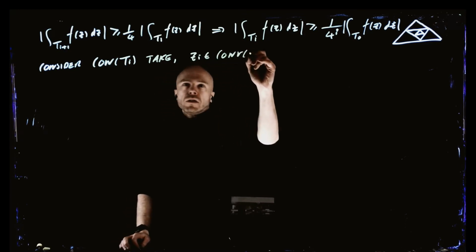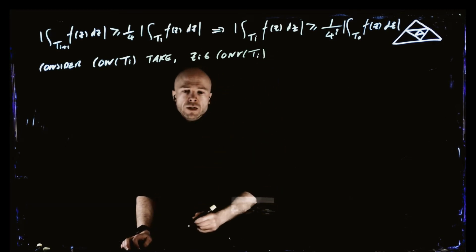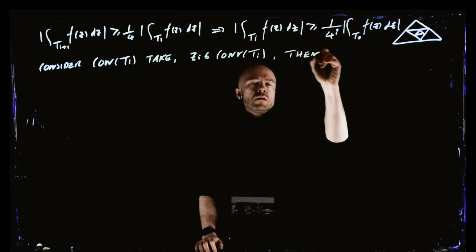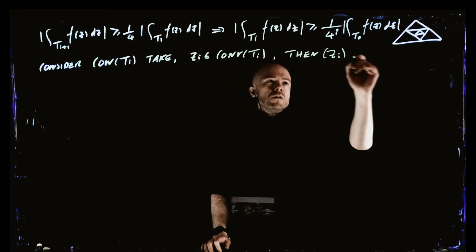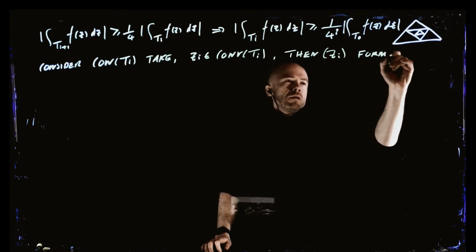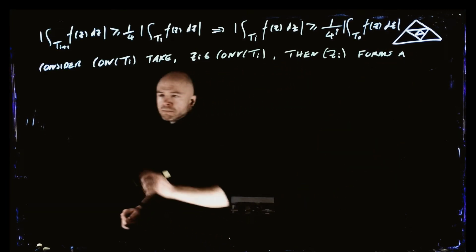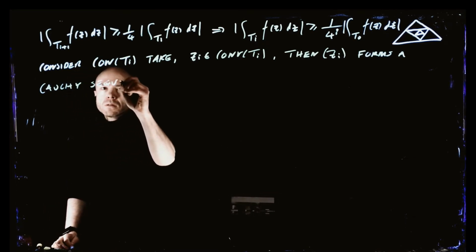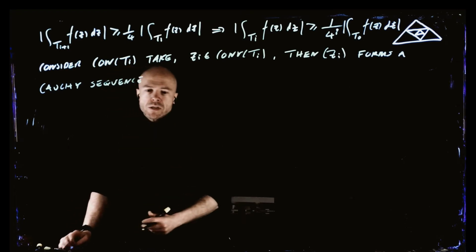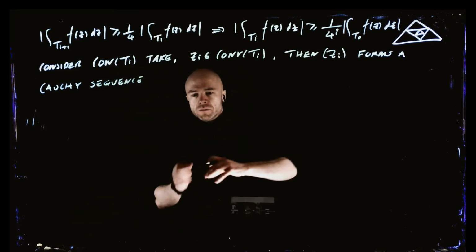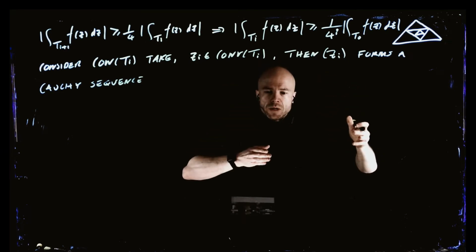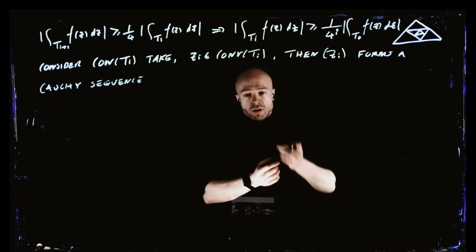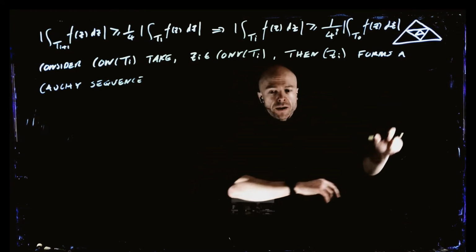So these things are closed sets, right? Their diameter is going down to 0. Then Zi forms a Cauchy sequence. Because we can guarantee that Zn minus Zm is less than any small number we like, because Zm and Zn are inside the smallest of M and N triangle.